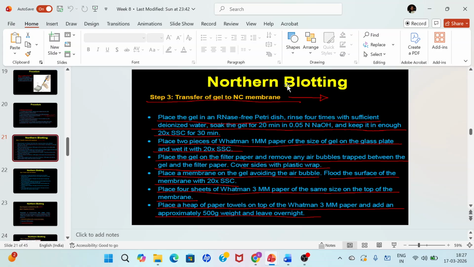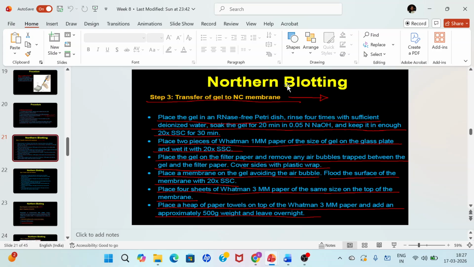When we are transferring it to the NC membrane, there are some things that need to be kept in mind. The membrane should never be dry. It should always be kept moist. It should have Whatman filter paper on both sides so that it gets some support.